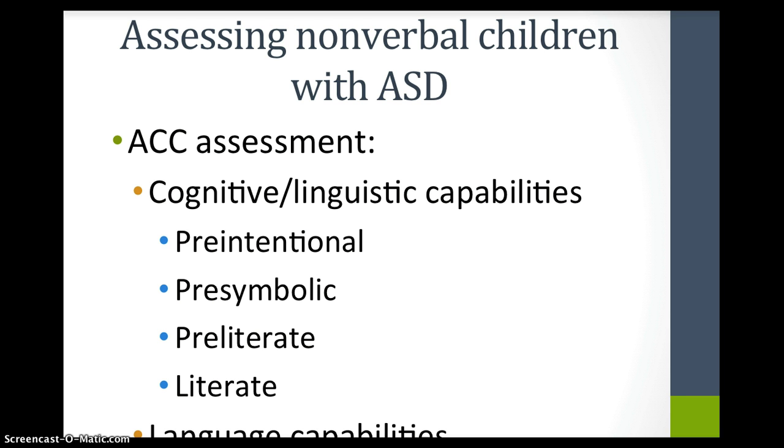Are they at the pre-literate stage or literate stage? And matching then that level of skill to the device that they use. So some of our augmentative communication devices are extremely sophisticated in the language that's used. So it's merely an assessment that attempts to match the level of sophistication in language to the person who will then use that device to communicate.